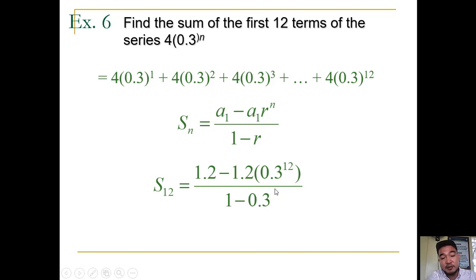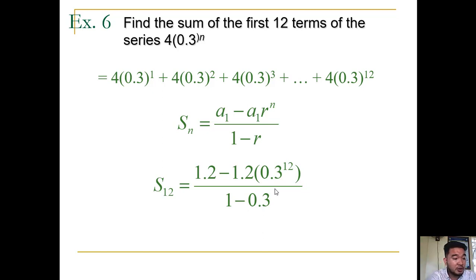Then we simplify this further. You have 0.3 raised to 12 is equal to 0.00 something. Huwag nyo na munang buburahin sa calculator nyo, then you multiply it by 1.2 equals 0.000 something pa rin yun.